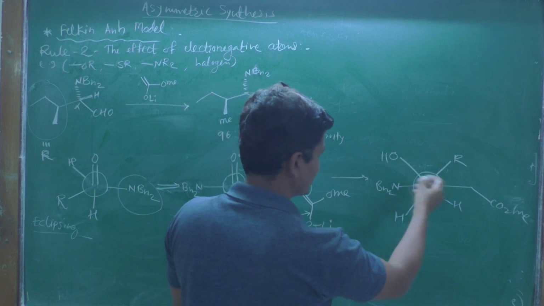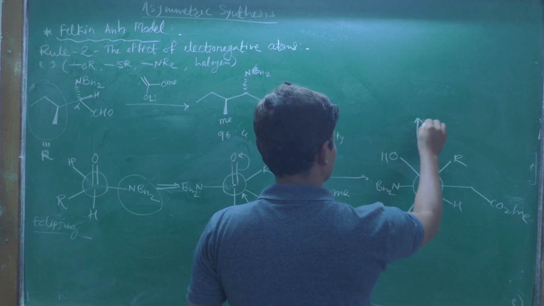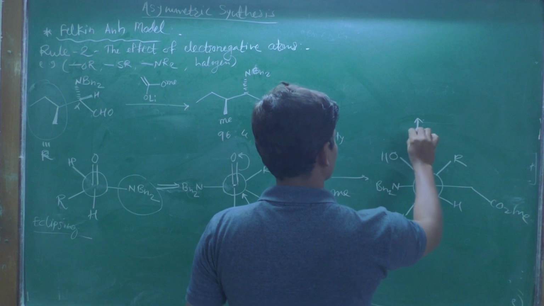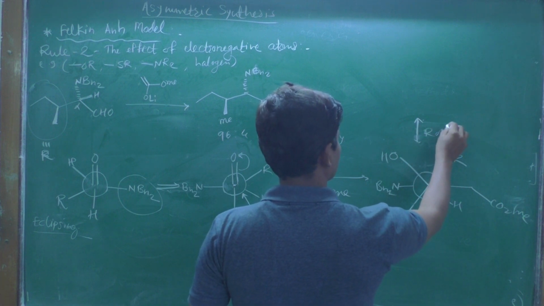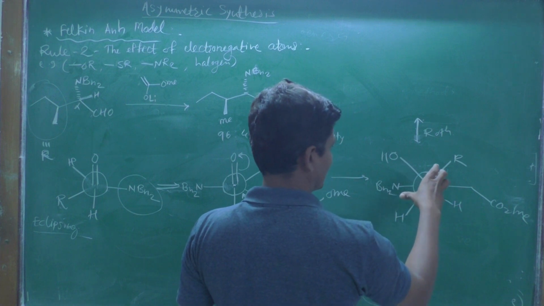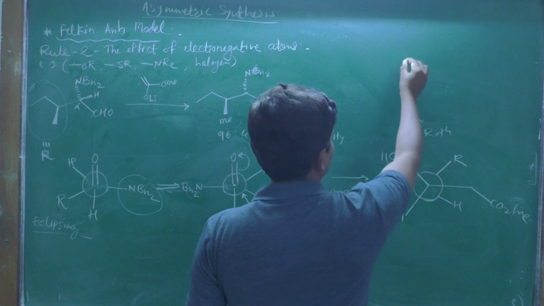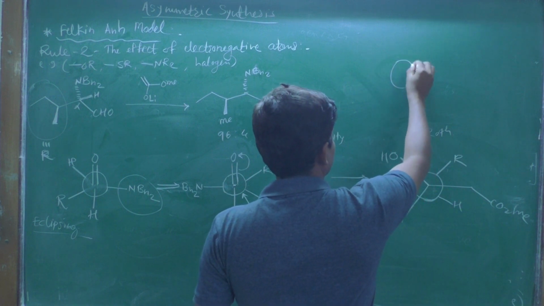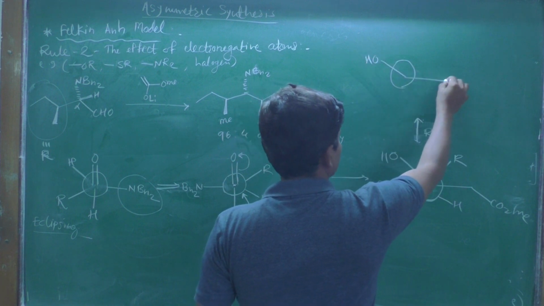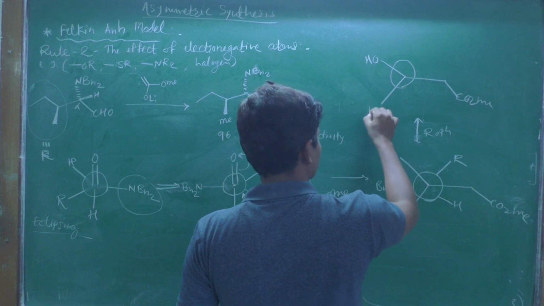So that's why I am rotating this molecule like this. Rotation. So keep the front carbon atom substituents as it is and rotate the rear carbon atom substituents. Okay, so that's why I have written hydroxy, CH2CO2Me, here hydrogen.